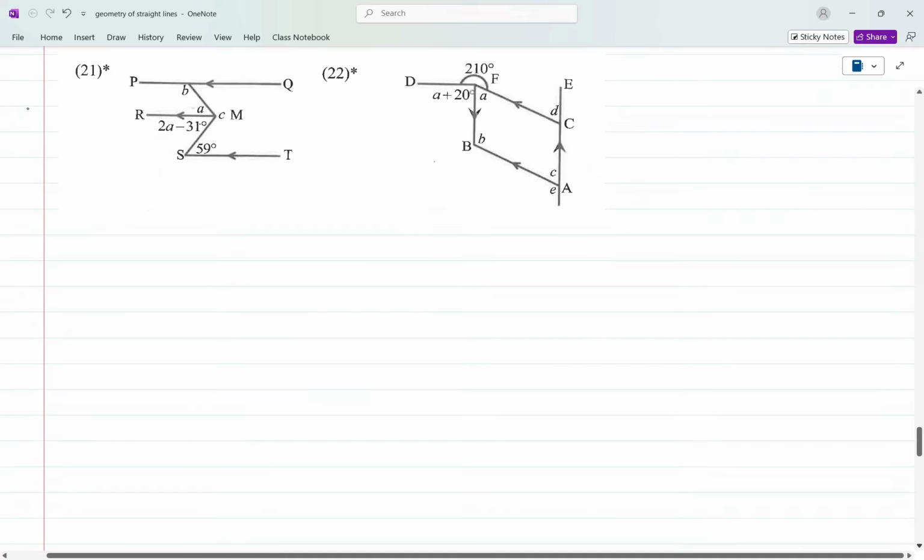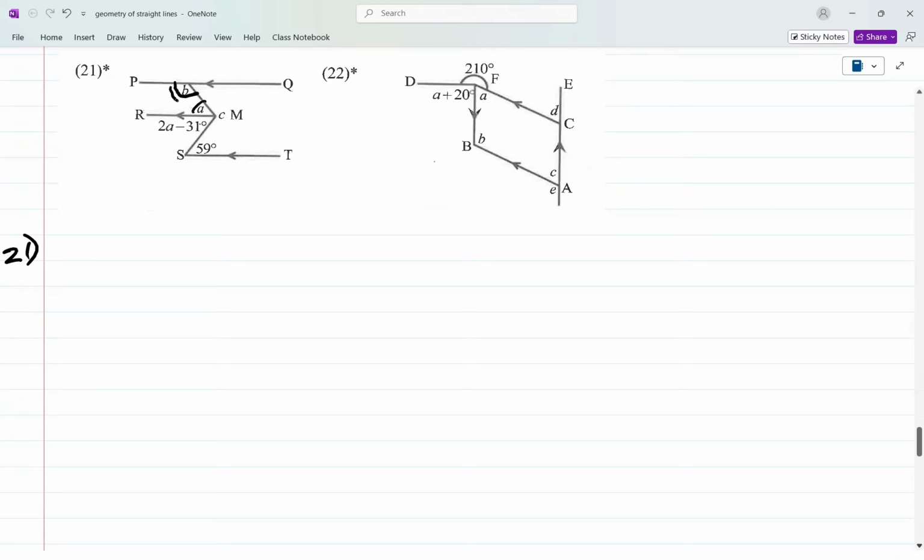Right, starting with 21, we have A that we need to calculate, and B that we need to calculate. So I'm going to start by writing down this equation: 2A minus 31 is the same as 59, if you may check.